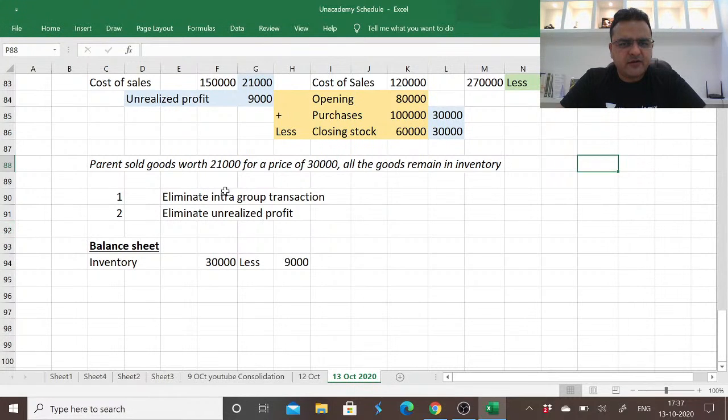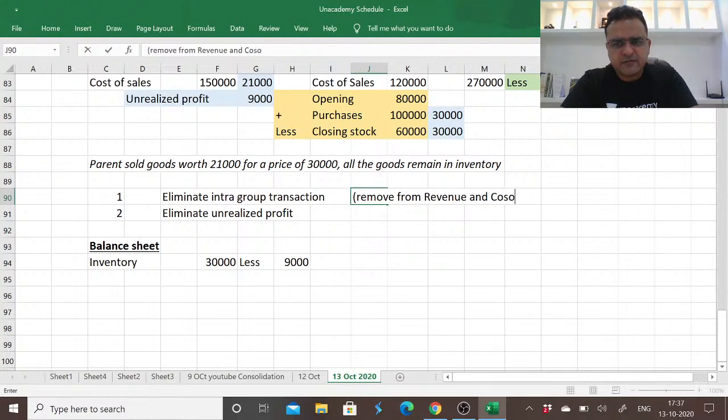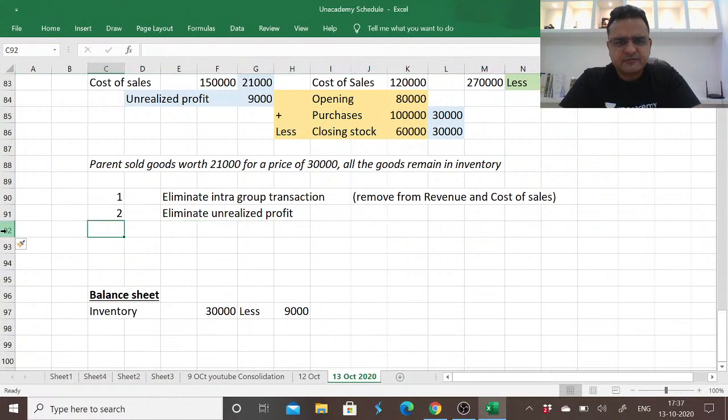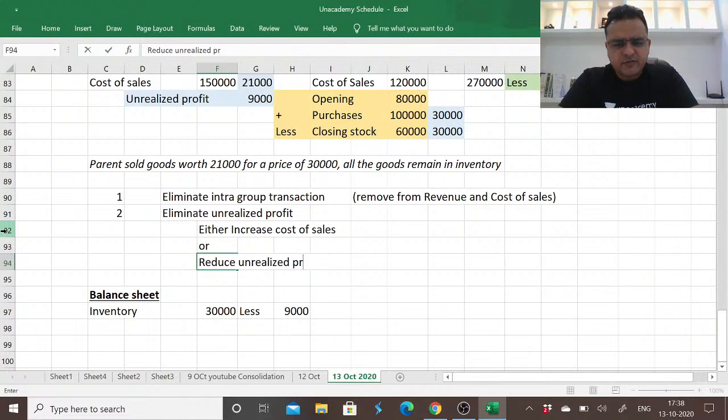To remove unrealized profit, now that we have eliminated the intra-group transaction from revenue and cost of sales, the elimination of unrealized profit is either to increase cost of sales or to reduce unrealized profit directly from gross profit.